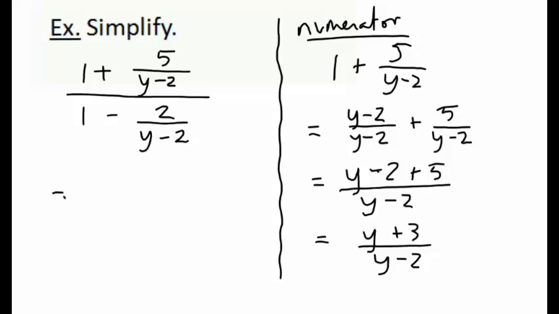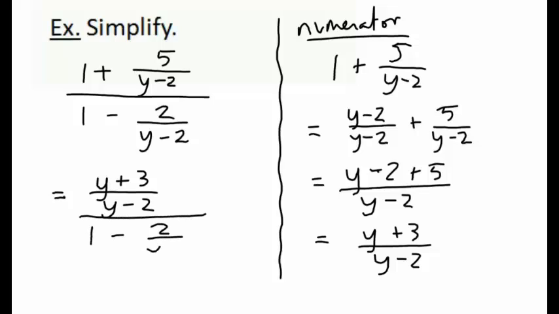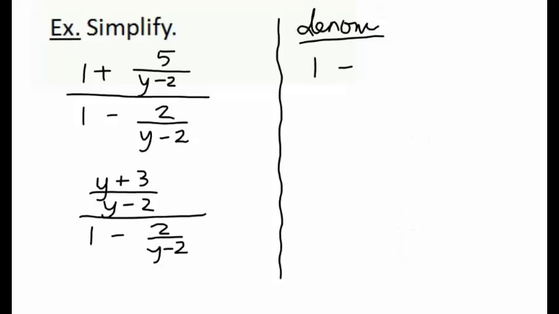This means that over on the left, we can rewrite our numerator as this single fraction, y plus 3 over y minus 2. Now I'm just going to recopy down our denominator. And that's going to be our next focus, trying to simplify this denominator. Our current denominator is 1 minus 2 over y minus 2.